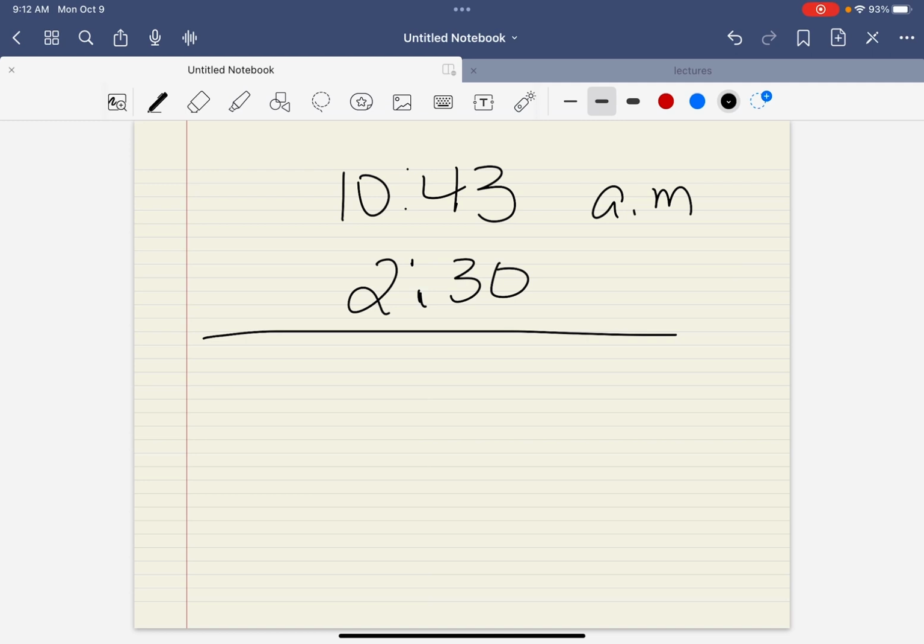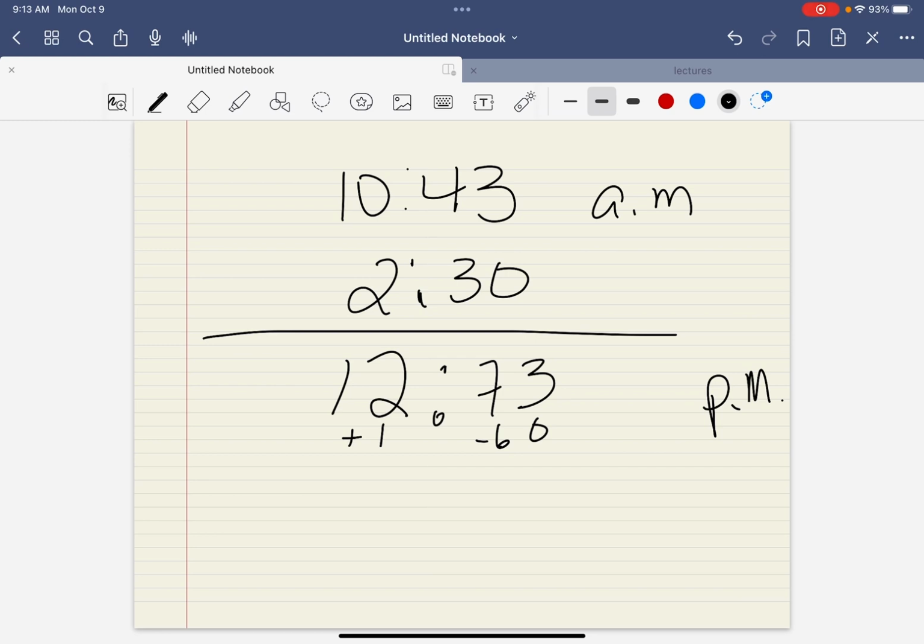Okay, so if we add 43 and 30, we get 73 and 12. So it's 12, so we know now it's PM because it just went afternoon. But the 73, we can't leave like that. So there are 60 minutes in an hour. So if we subtract 60 here and add 1 here, that becomes, do we call that 13?